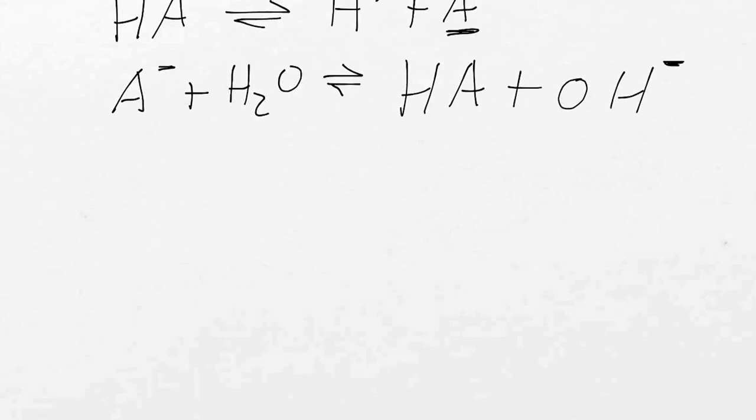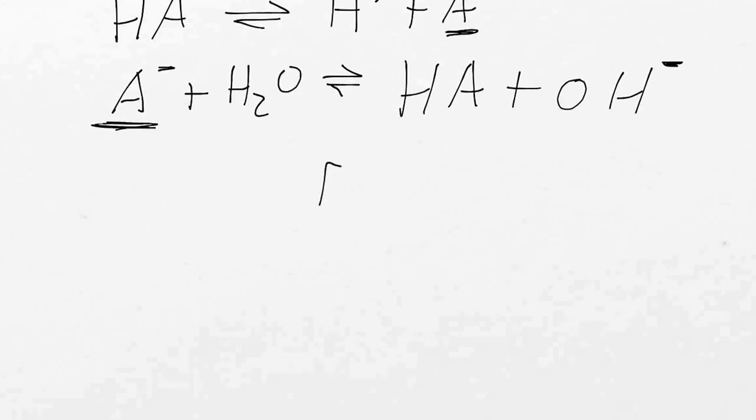That is actually why this A minus, this guy here, is a base, because it generates OH minus when it's put into water. Yeah? Can we formulate an equilibrium for this?